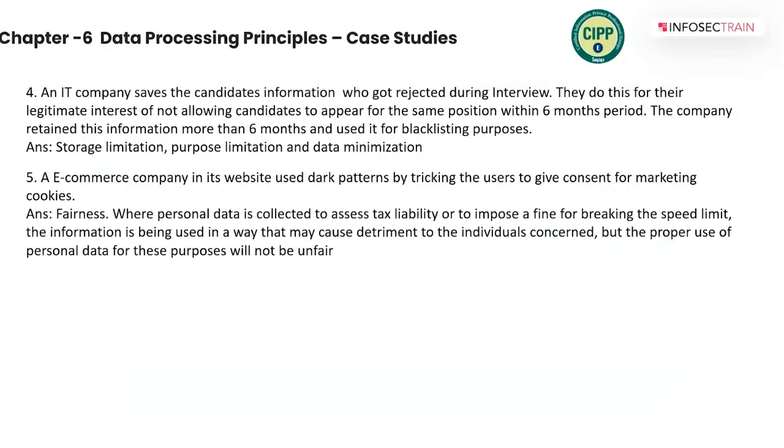You get a first challan, and in the next 2 to 3 days, if you again do overspeeding, you may get an aggregated challan. They would have seen your past behavior, and you may get an excess penalty in this case, right? So even in this case, such processing activity can have a negative impact on you, but these are exemptions when it comes to fairness, right? So for fairness, you need to look at whether it is negatively affecting the data subject or tricking a data subject to do an activity, it's said to be unfair processing. Okay.